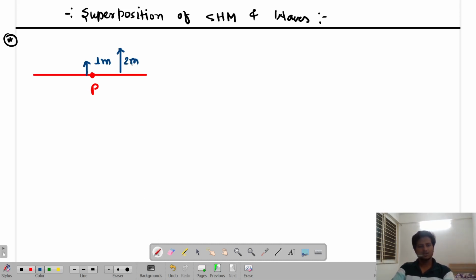So basically we will see if these SHMs overlap with each other, then the particle will be exactly thrown by how much? 3 meters.